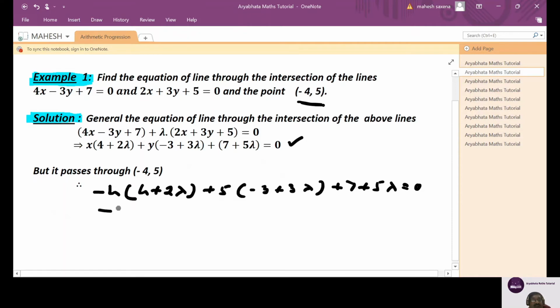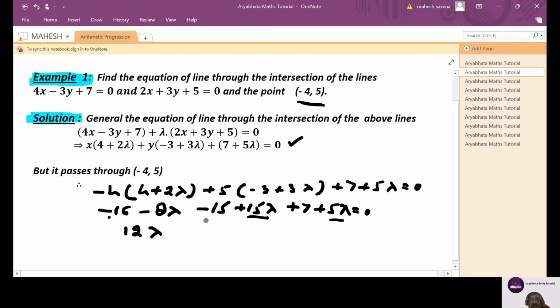It is minus 16 minus 8 lambda minus 15 plus 15 lambda plus 7 plus 5 lambda equal to 0. Therefore, lambda terms: 15 plus 5 is 20 lambda, 20 minus 8 is 12 lambda; constants: minus 16 minus 15 is minus 31, minus 31 plus 7 is minus 24. So 12 lambda minus 24 equal to 0, which implies that lambda is equal to 2.